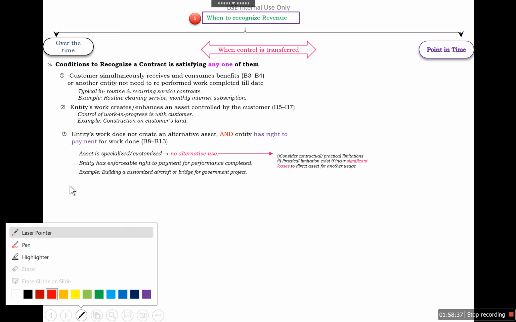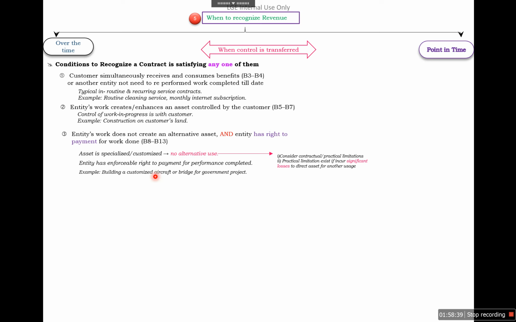Examples are building a customized aircraft or bridge or a government project. No alternative use: we need to consider the contractual and practical limitations also. Practical limitation exists if we incur significant losses to direct the asset to another user. So it does not have any alternative use.